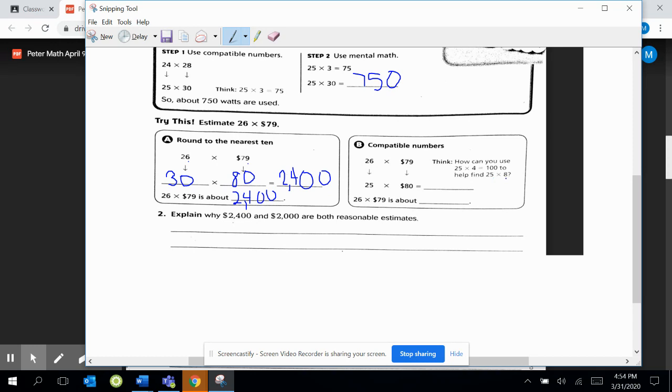Well, 8 is what? Is 8 twice as much as 4? So if we know that 25 times 4 equals 100, that's the dollar sign, right? 25, 50, 75, $1. Then that would be twice as much, wouldn't it?